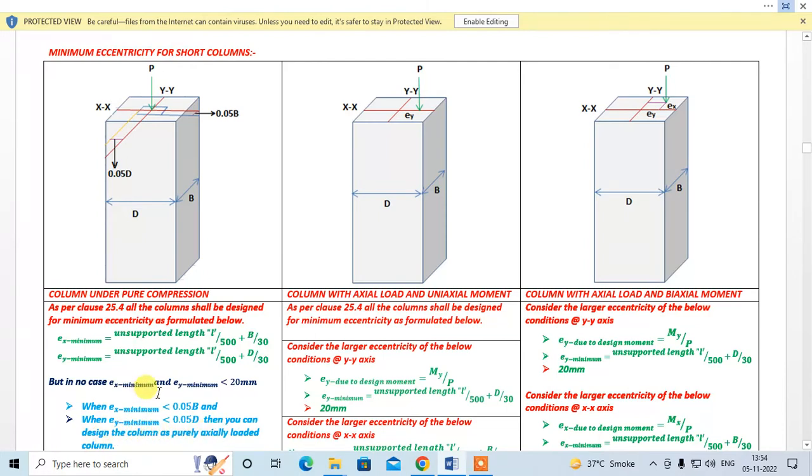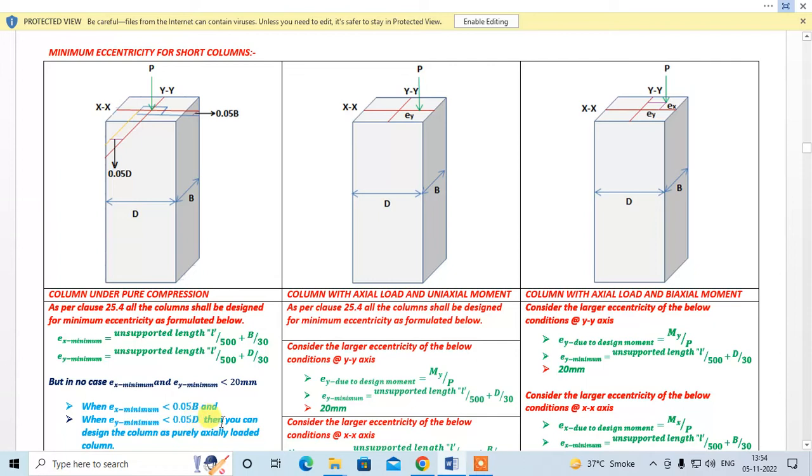Suppose ex minimum is less than 0.05 b and ey minimum is greater than 0.05 d, then you will have to design this as a uniaxial column. Suppose your ex minimum is greater than 0.05 b and ey minimum is also greater than 0.05 d, then you will have to design it as a biaxial column, right?